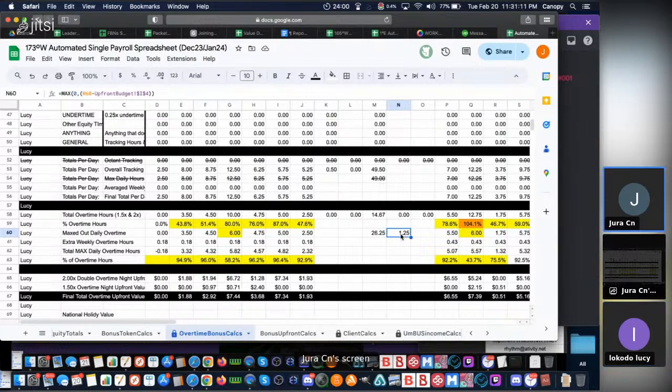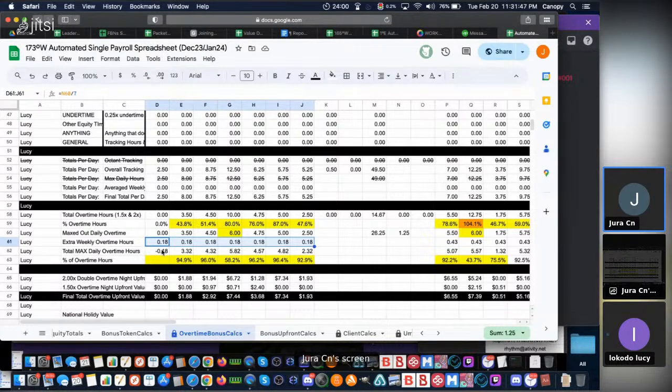So under your calculations, your maximum overtime is only 2x your actual budgeted hours, which means you can't go over 25 hours of overtime. All right, that makes sense? Yes. So you have 26.25 hours. So you're going to be taking 1 hour 0.25, which is a very small amount, like it's not a big deal, and we're subtracting that 0.18 per day.